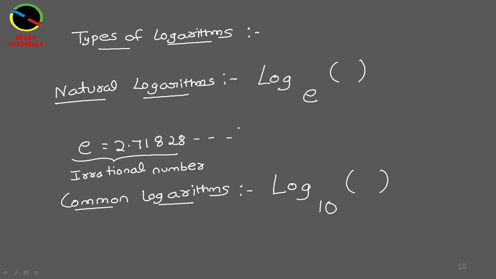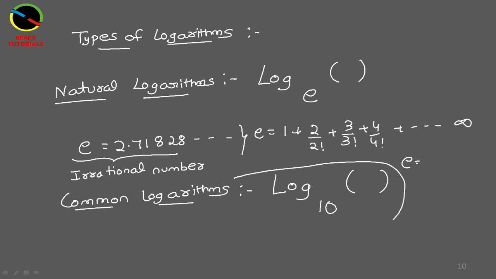There are other ways of expressing this: e is equal to 1 plus 1 by 1 factorial, plus 1 by 2 factorial, plus 1 by 3 factorial, and so on till infinity.